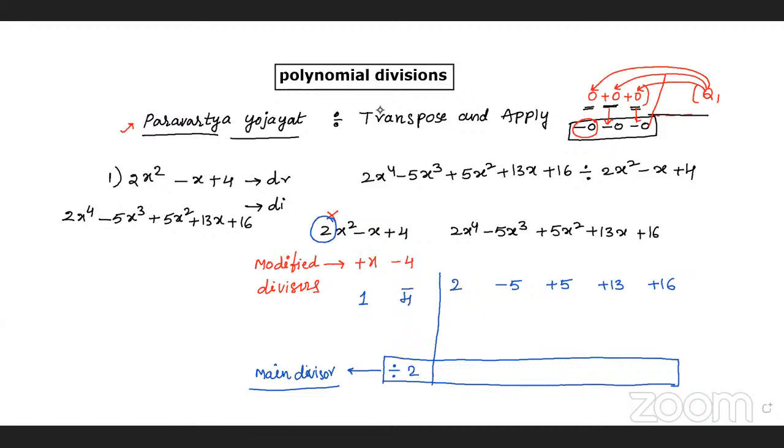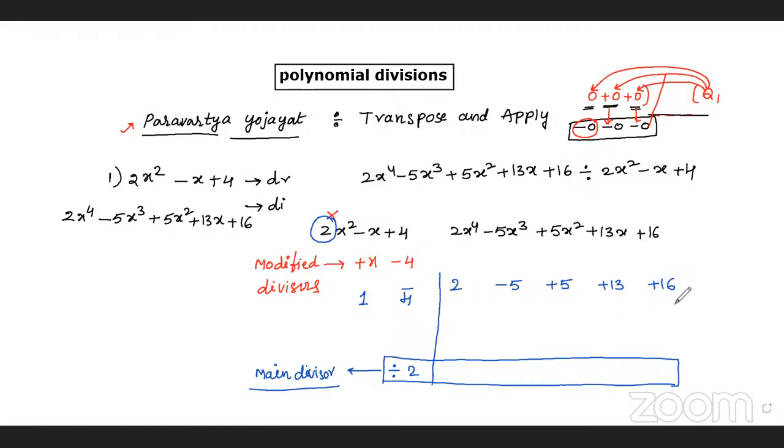Now, the second step. In this second step, observe very carefully. How many modified divisors do you have? How many digits? Here 1, here 2. So these two coefficients of the modified divisors indicate the quotient part and the remainder part. How?